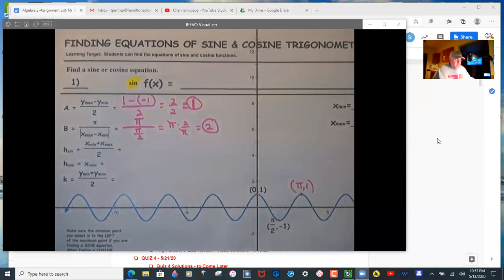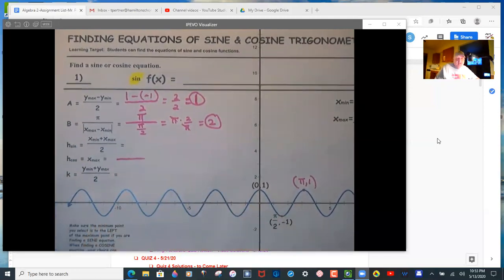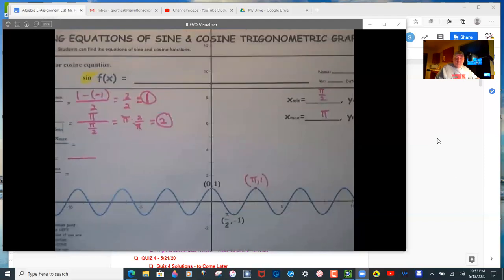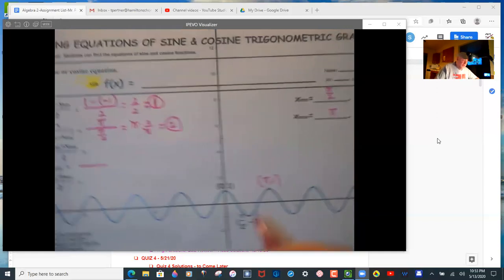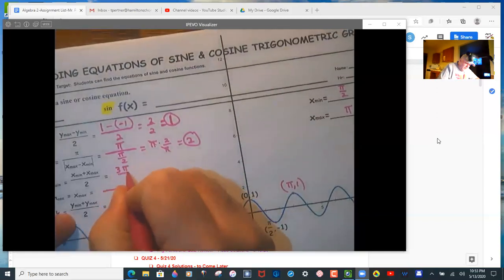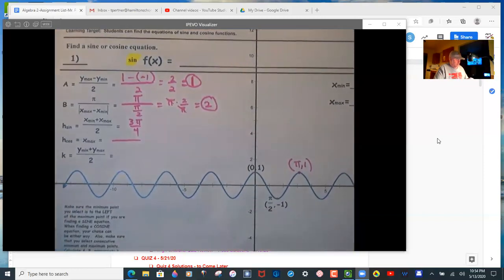Now we're doing h sub sine so we don't do this because it's not a cosine. X min plus x max over 2. So now you have to add these. 1/2 plus 1. Okay, 3/2 over 2. So this ends up being 3/4. So you get 3/4 for an answer, and then you put a pi there.